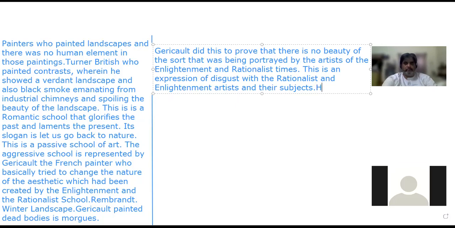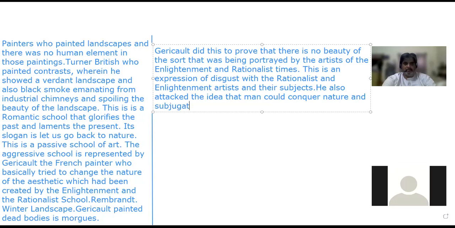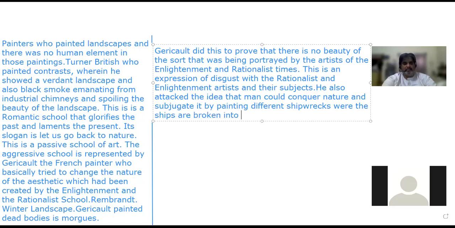He also attacked the idea that man could conquer nature and subjugate it by painting different shipwrecks, where the ships are broken into pieces by a storm in the sea.